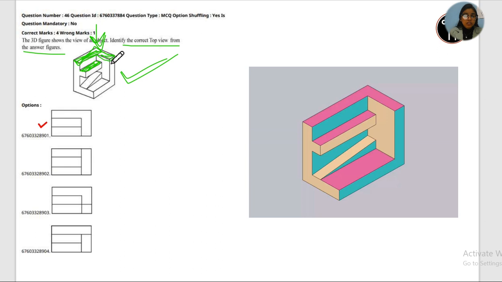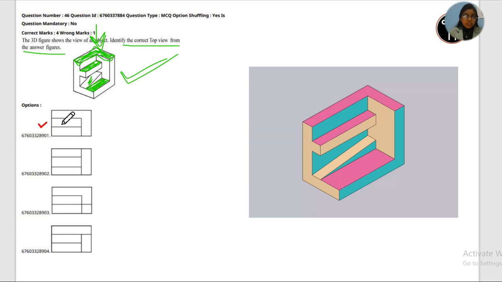You will get to see this one, because this part will get overlapped with the above one, so you will not get to see this one, and this part will be clearly visible to you.